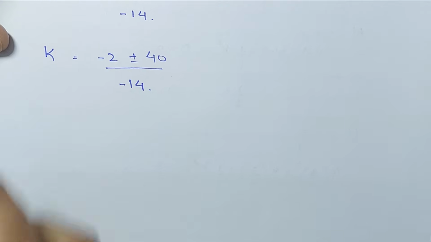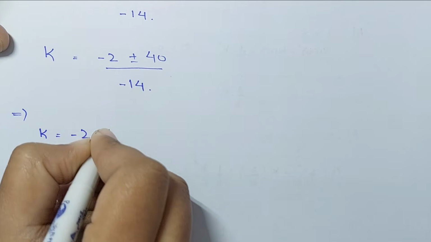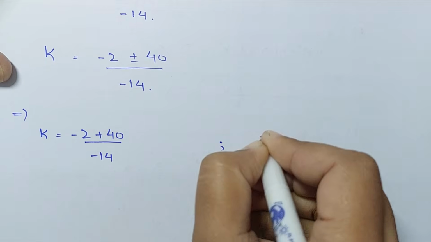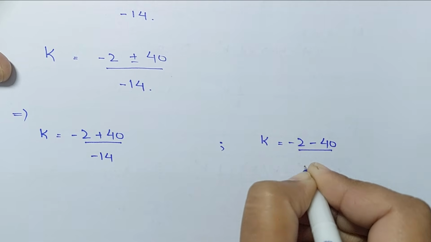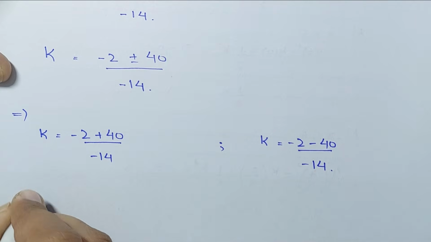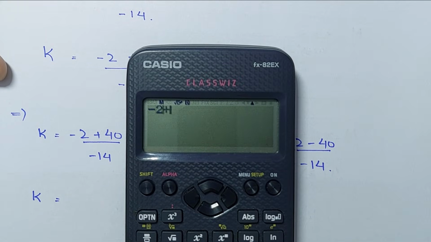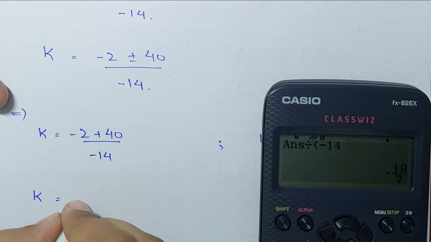Okay. Now here we have two values of k. K equals minus 2 plus 40 over negative 14, or k equals negative 2 minus 40 over negative 14. So the first value of k, minus 2 plus 40 divided by negative 14, is minus 19 over 7.